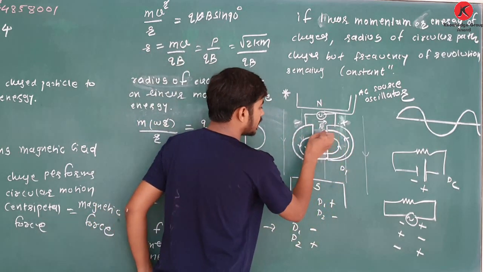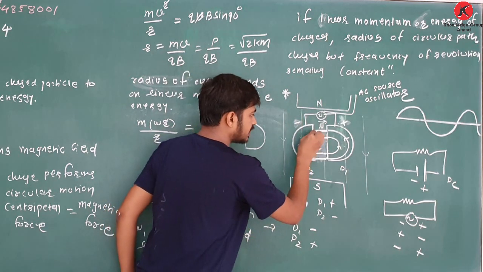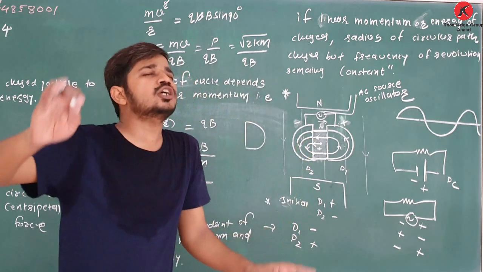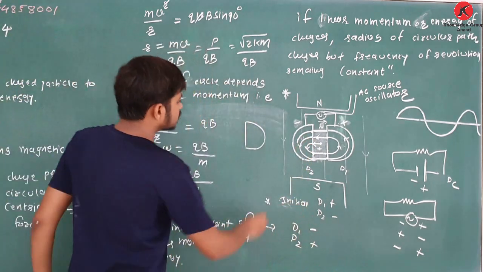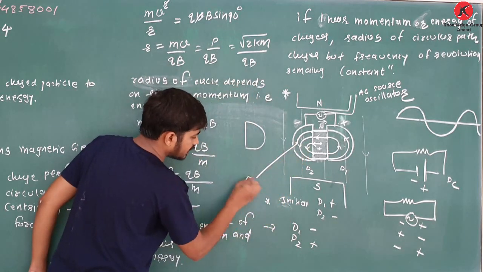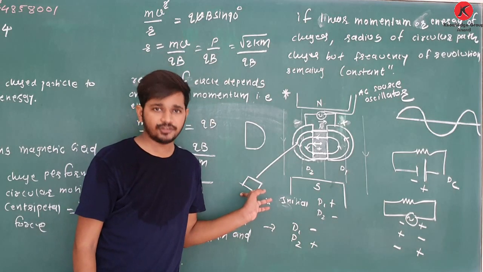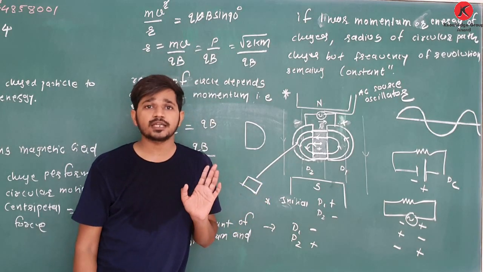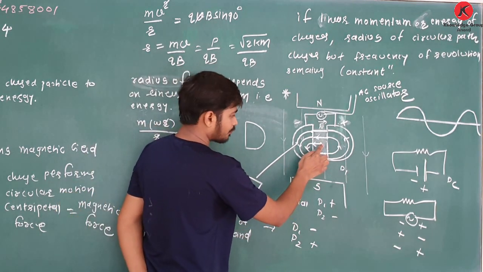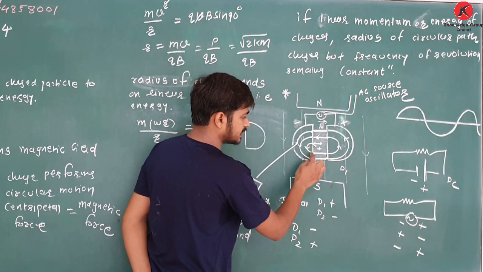At some point, whenever it is at this point and about to escape, due to another strong magnetic field, this charge is deflected and targeted on some object. So what happens here? Initially the charged particle is here. Due to the electric field, energy increases, radius increases.